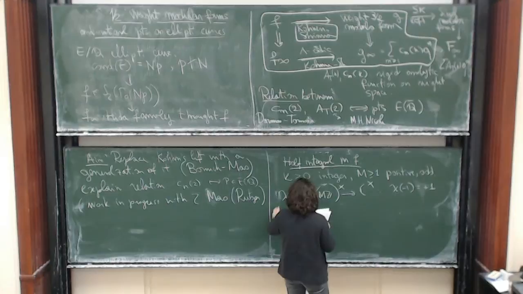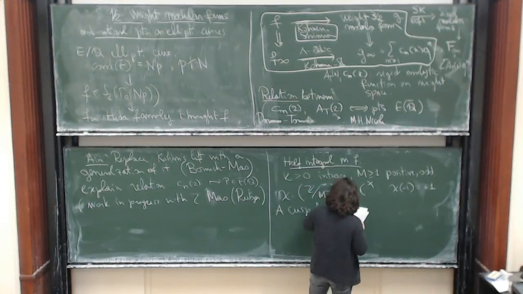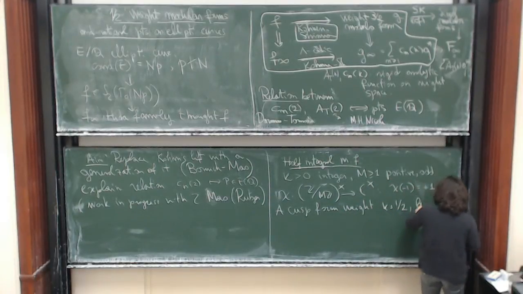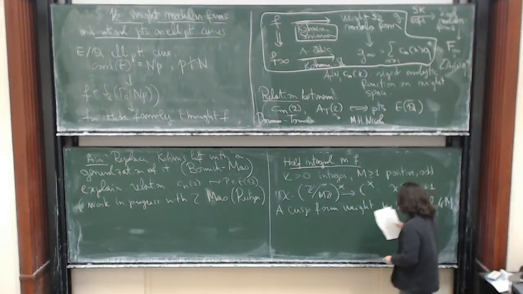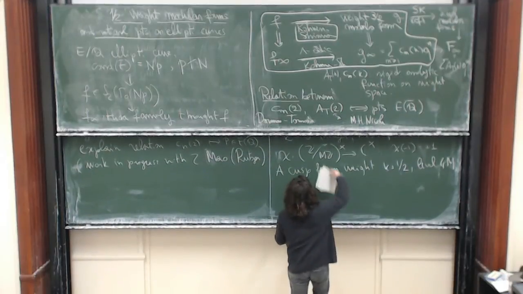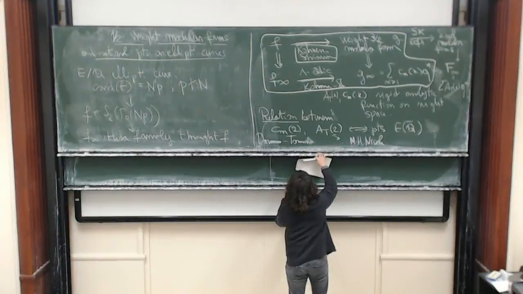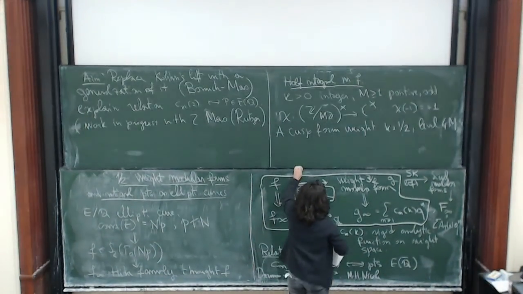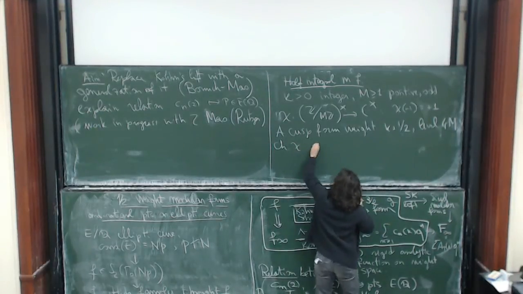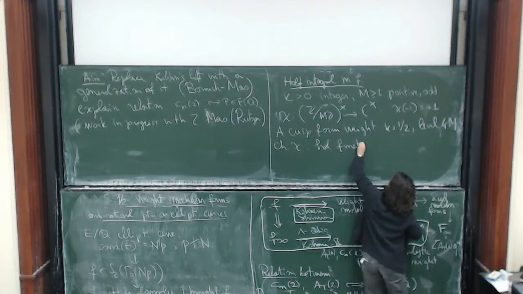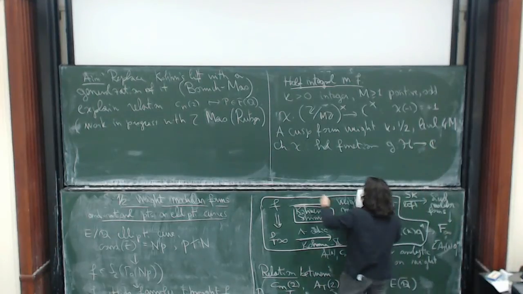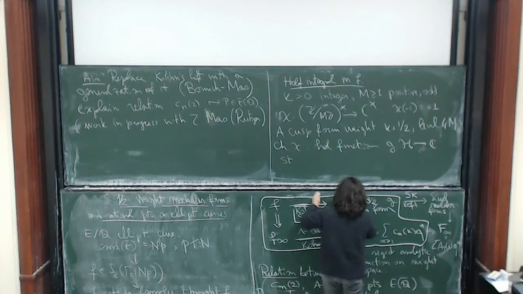And then a cusp form of weight k plus 1/2, level 4m, and character chi is just a holomorphic function g from the upper half plane such that the following conditions are satisfied.